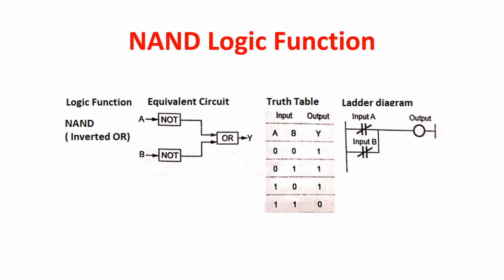When any one of the inputs is 0, then also the output is 1. When both the inputs are 1, then the output is 0. This is the truth table for the NAND logic function. The ladder diagram for the NAND logic function is also indicated for two inputs, input A and B.